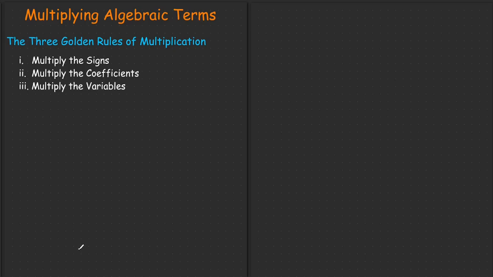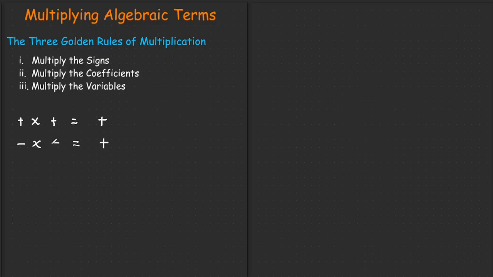multiply everything, take note. If you multiply a positive number by a positive number, your result is always going to be what? A positive number. If you multiply a negative number by a negative number, your result is always going to be what? Positive.